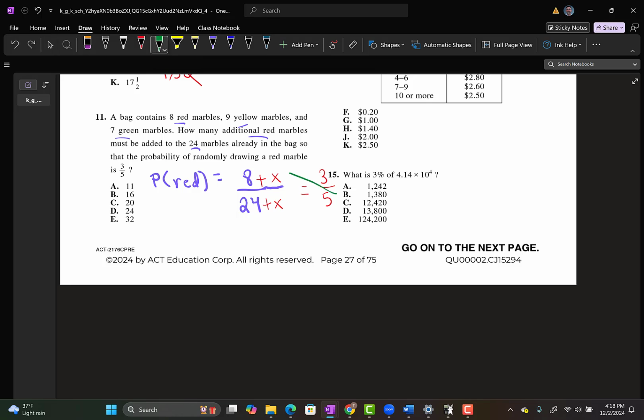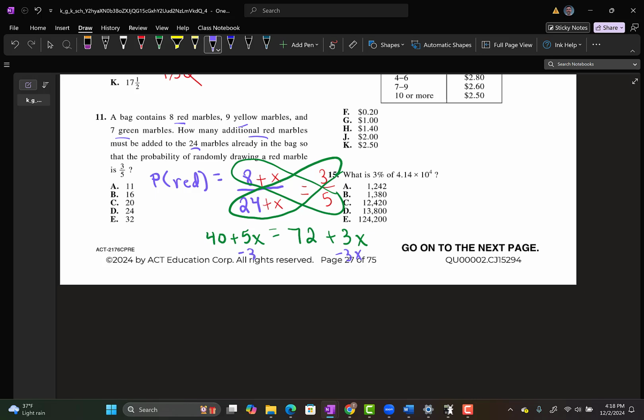I'm going to take 5, multiply it by 8 plus X. 5 times 8 is 40. 5 times X is 5X. Saving time here by not rewriting it with the parentheses. 3 times 24 is 72. 3 times positive X is 3X.